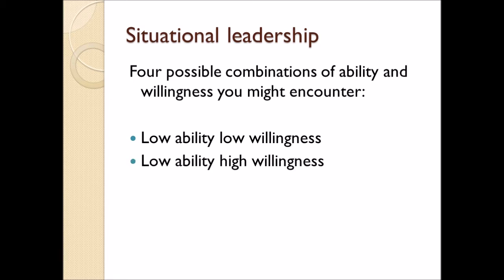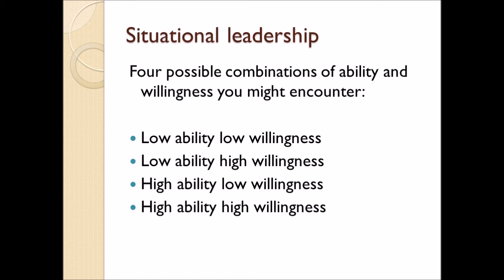You could have low ability with high willingness. You could have high ability but low willingness. And you could have high ability with high willingness. So you can see we've got low and high ability combined with low and high willingness in 4 different ways. And I'll explain each one of these in the slides that are coming up.